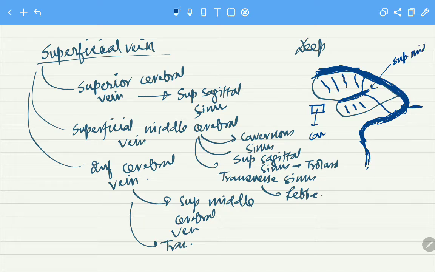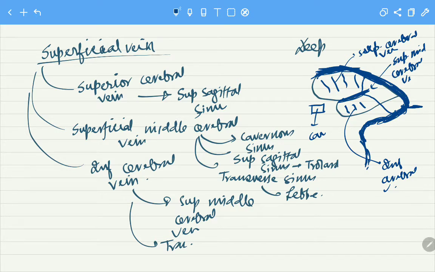This is the superficial middle cerebral vein, these are the superior cerebral veins, and these are the inferior cerebral veins. So this in short is the superficial venous drainage of the brain.